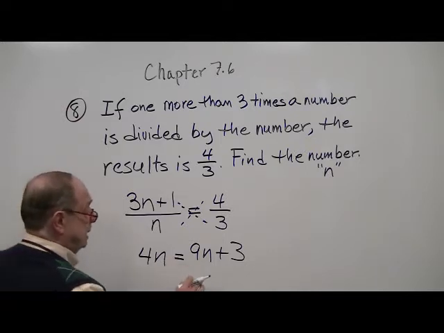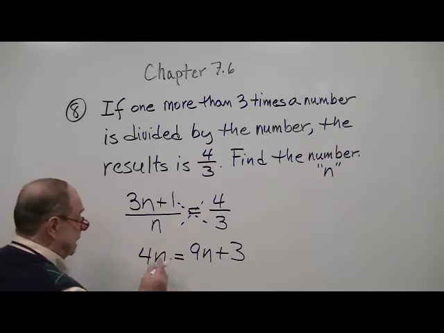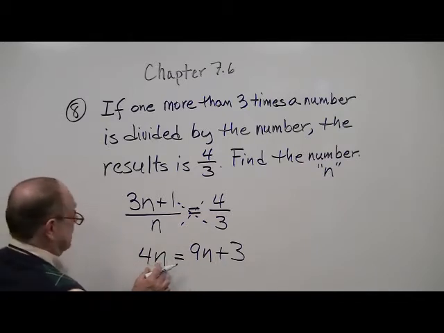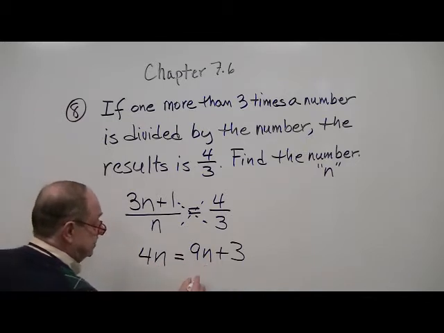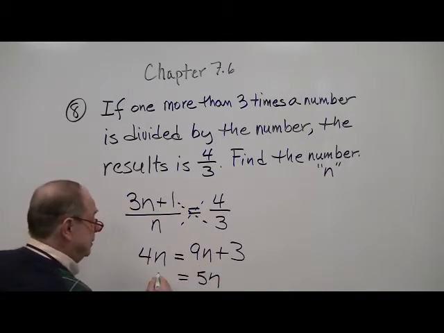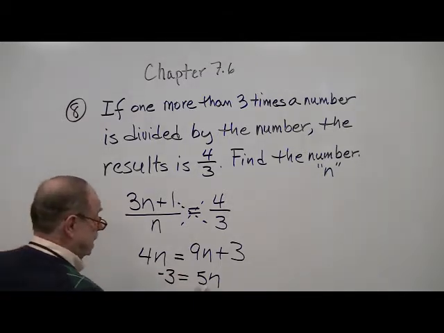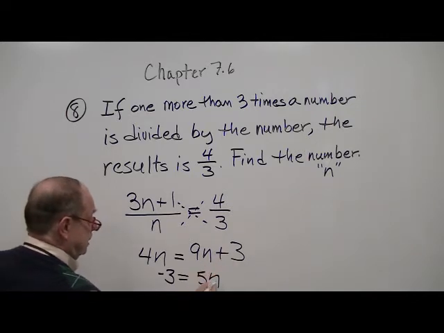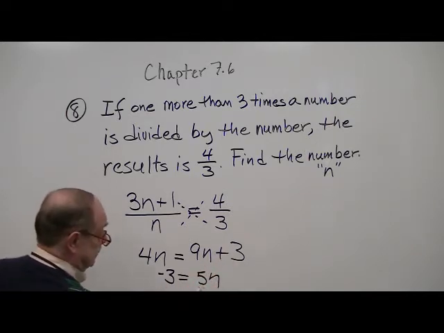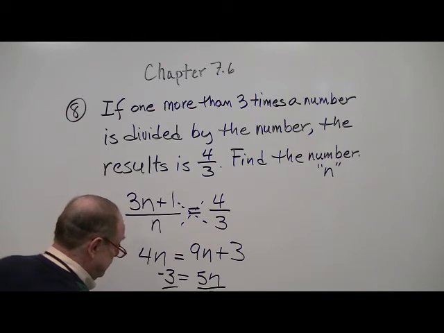So now we divide, well, we need to get all our terms on one side. 4n subtracted from here gives us 5n, and this gives us a -3 on this side. So we're going to divide both sides by 5, and we get n equals -3/5.